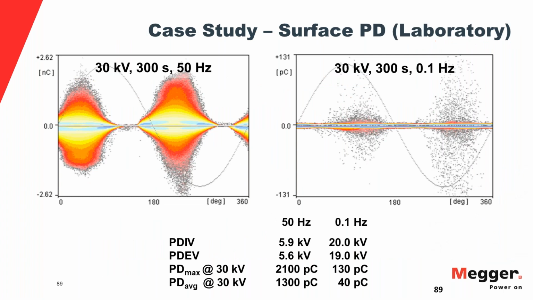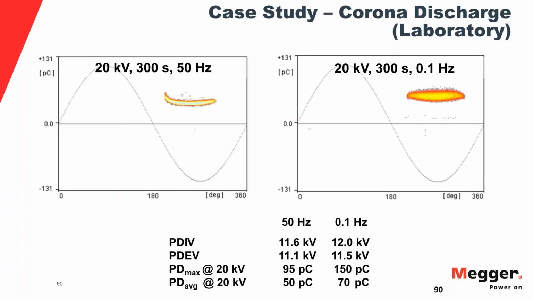And then another thing is the activity that you get, you see the amount of counts, and this is recorded in the laboratory. So you see the surface discharges are so sensitive to the gradient.